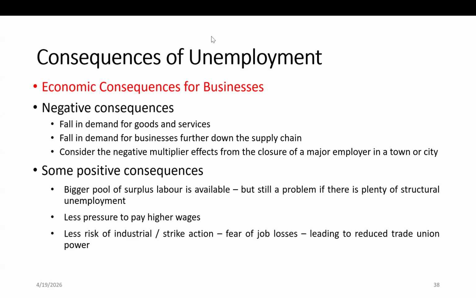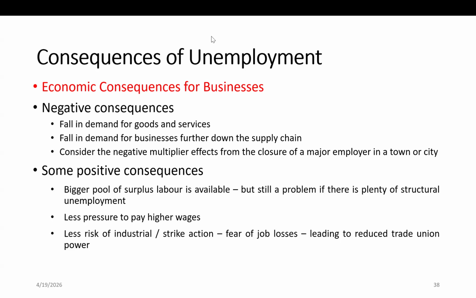So then there will be a fall in the demand for goods and services, and a fall in demand for the businesses further down the supply chain. That will cause a reduction in the supply chain, because even though the supply was there, the demand was reduced, and then there will be an effect on the supply chain as well.